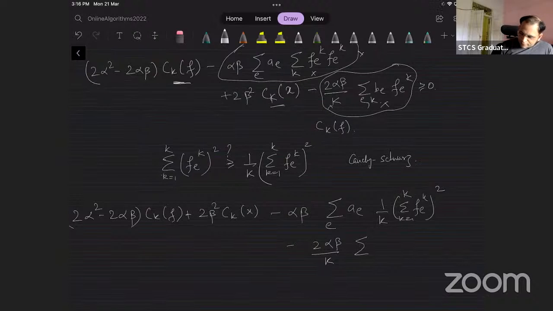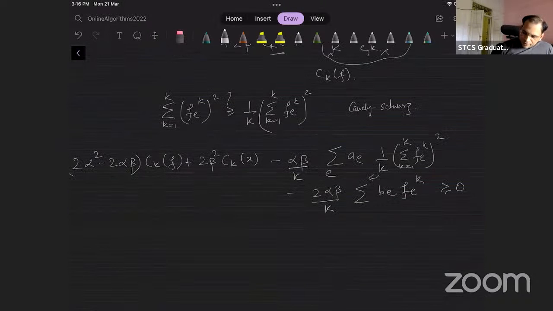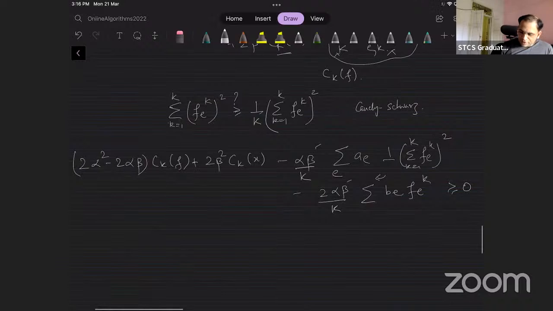You should realize something suddenly has become similar. If I bring this K out, I can always write this as K. So now look at the coefficient here and here. This one and this one only differ by a factor of 2. Now, can you just notice something about these last two terms?